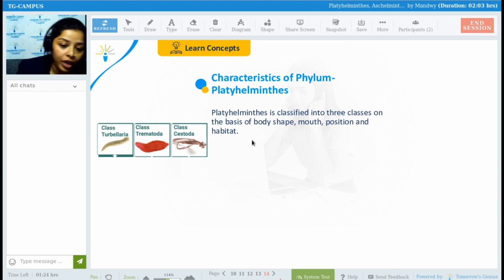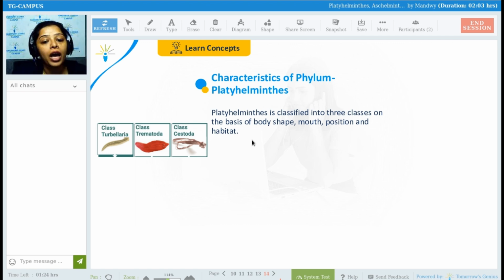Now the classification. The classification of Platyhelminthes is based on their life mode, how they change body shape, their digestive system, the shape and position of the mouth, their habitat, and how they live their life.